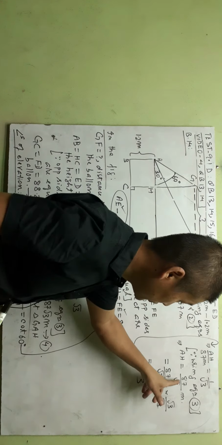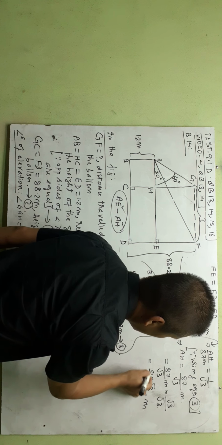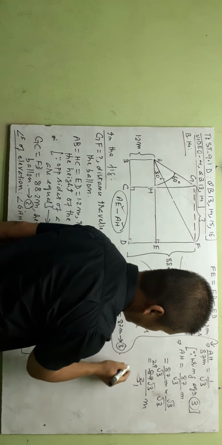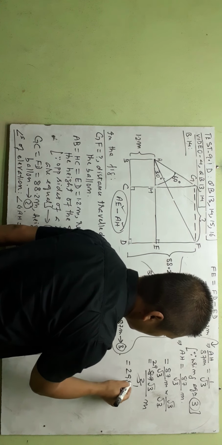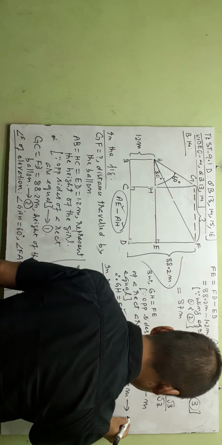So we have removed the irrational sign, and meter still is there. So 3 1s are 3, 3 2s are 6, 2 in hand, 3 9s are 27. So this is 29 root 3 meter, the equation number 5.